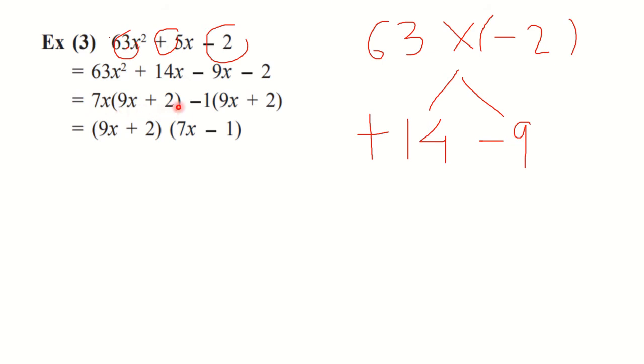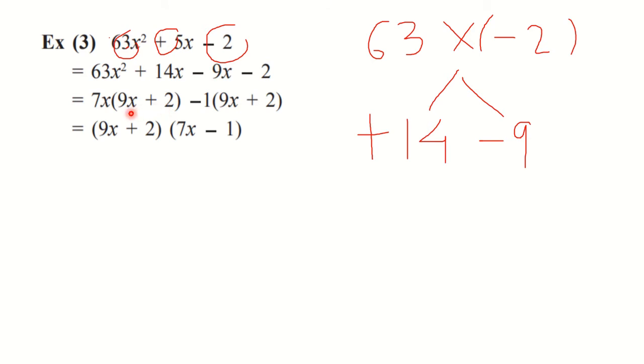Okay. Now see these two terms. Here nothing is seen common, as I have said. But you will observe that the minus sign is common. And then I said that you have to take 1 as common. So take minus 1 as common. And since you are taking minus 1 as common, the signs of both these terms will change. So inside the bracket you will write 9x plus 2.